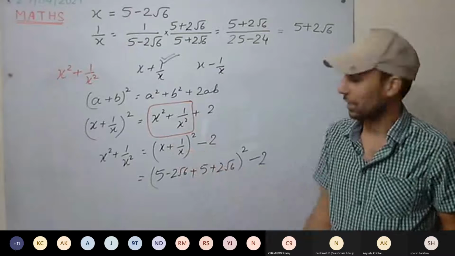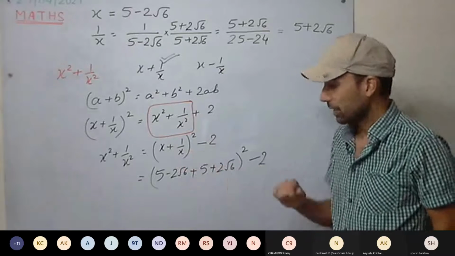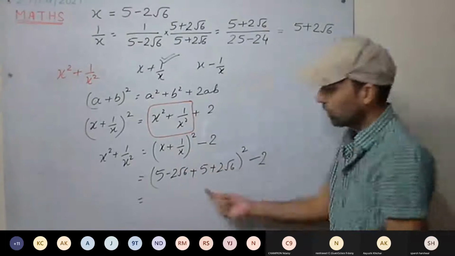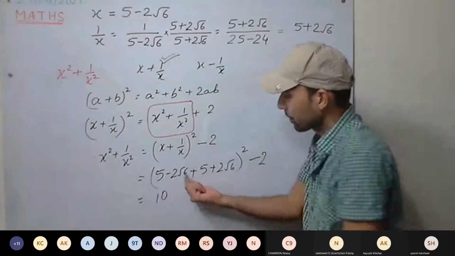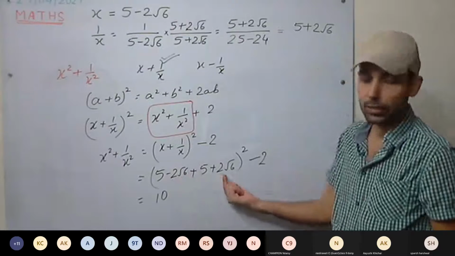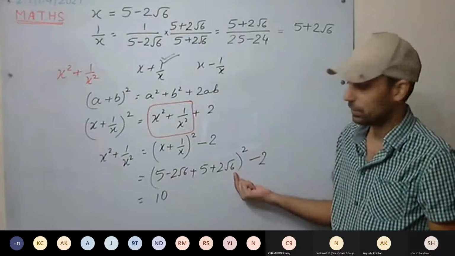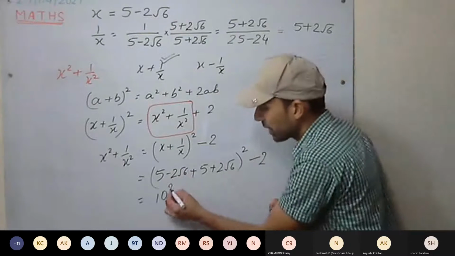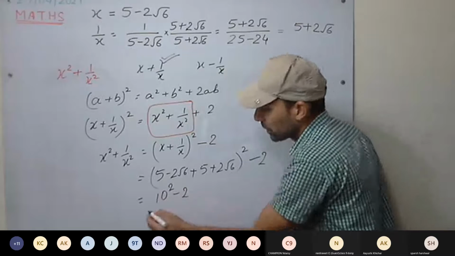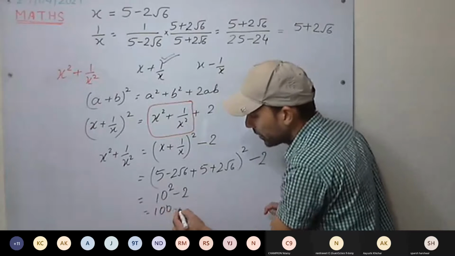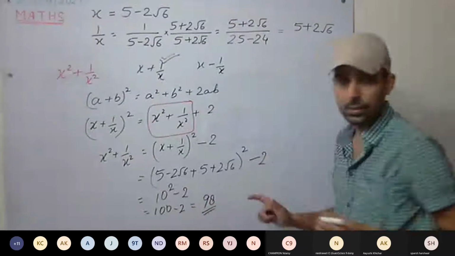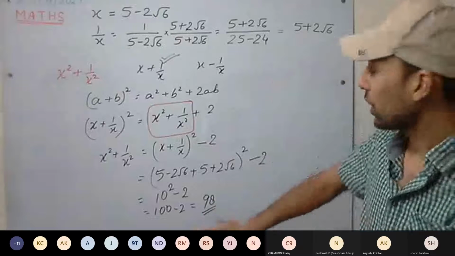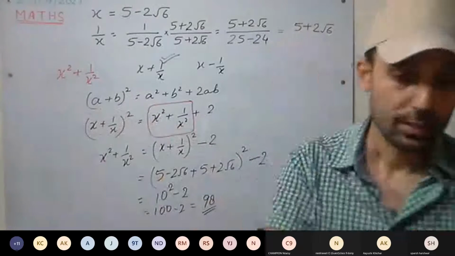Whenever I make a mistake, just let me know. Now see here. 5 plus 5, 10, minus 2 root 6 plus 2 root 6, 0, and square. 10 square minus 2. 100 minus 2. How much we got? 98.